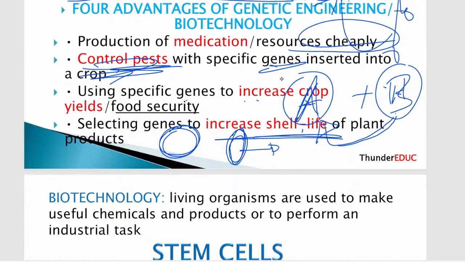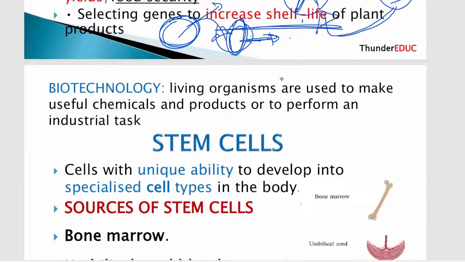These ones are longer lasting but dry. These ones stay shorter but juicy. So it depends, you see. Maybe these ones were modified so that they can increase the shelf time or shelf life. So basically that is genetic engineering, biotechnology.